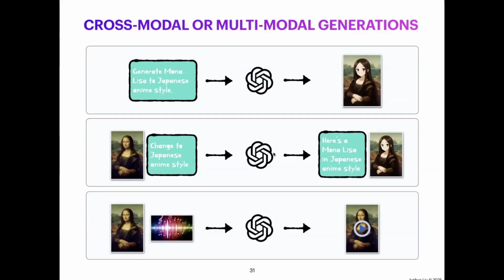And ChatGPT will then help us generate the image, and sometimes it comes with some description saying that here is a Mona Lisa in Japanese anime style, right?